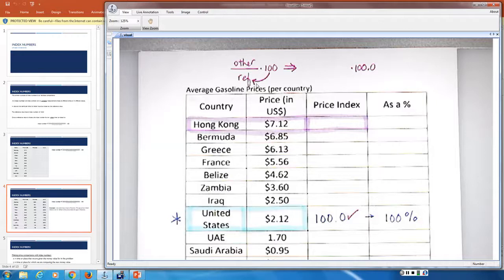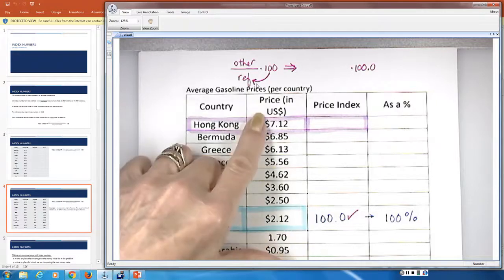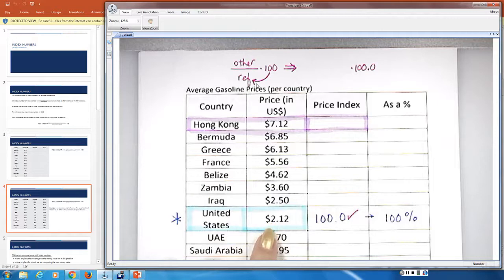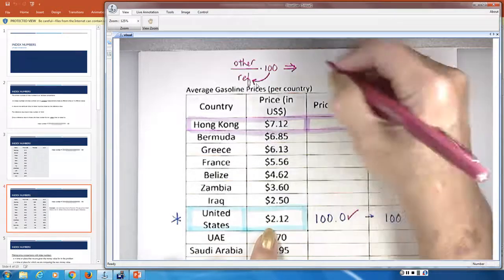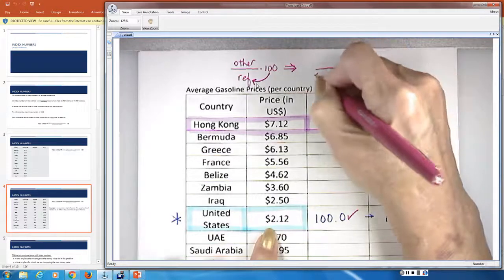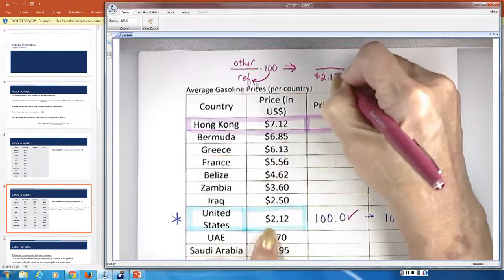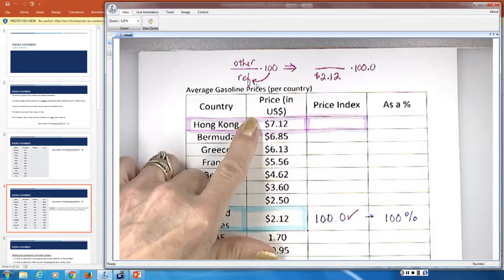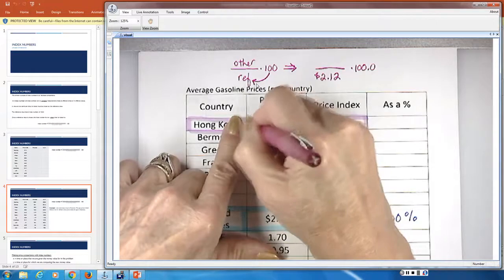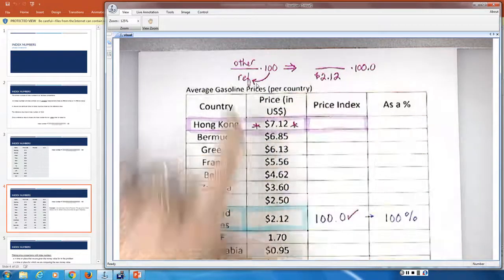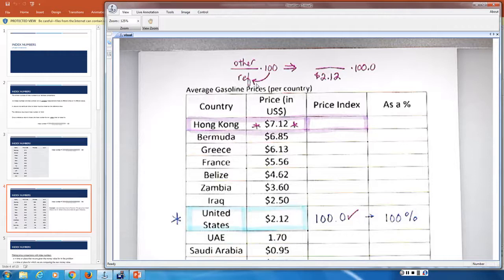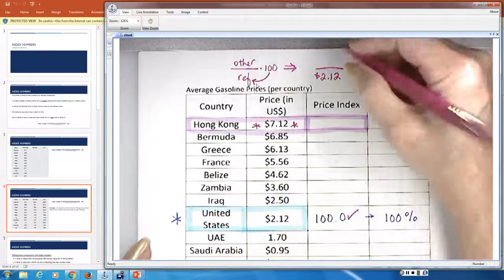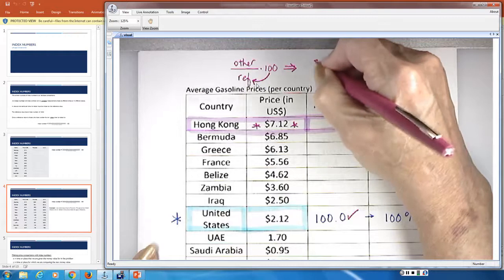So what is the actual price, in dollars, of gas in the U.S.? $2.12. The other number is the price of gas that we're comparing in Hong Kong, and that's $7.12.